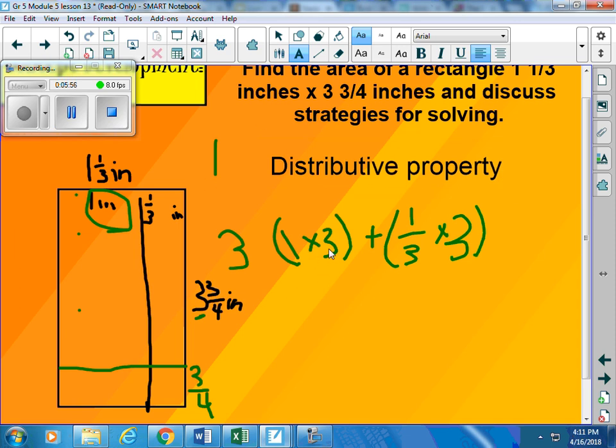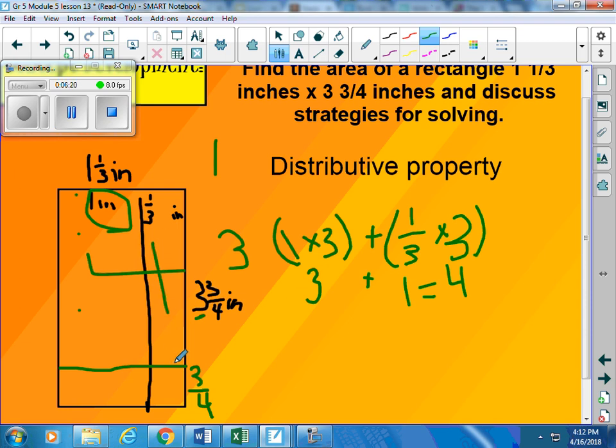So the 3 has been distributed both times to both parts of the fraction. Then I would solve that. 1 times 3 is 3. And then this would be 1/3 of 3. That would be 1. So this section, the area is 4. All right, that's the area of that section.